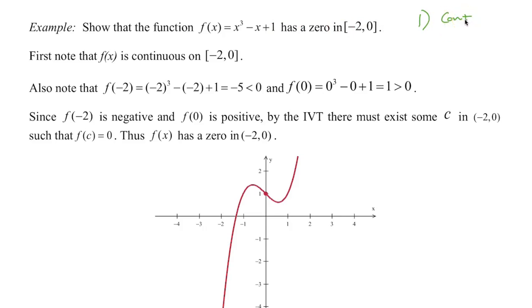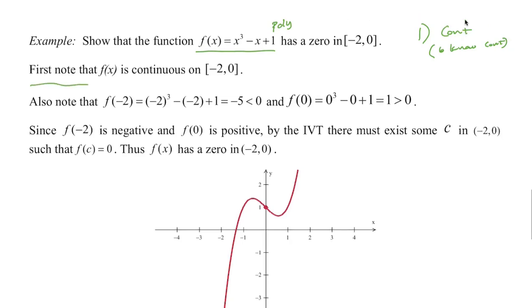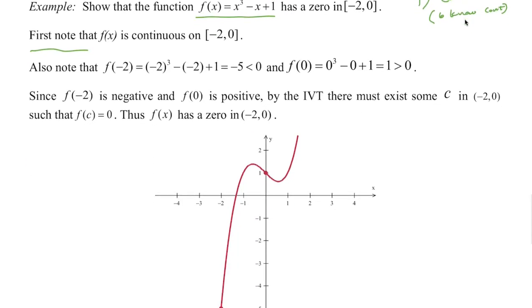And how do we show it's continuous? We're going to use the 6 known continuous functions. So we just state it. They gave us f of x equals x cubed minus x plus 1. What type of function is that? It's a polynomial function, and that's one of the 6 continuous functions. So we first start off by saying, first note that f of x is continuous on negative 2, 0 because f of x is a polynomial function.